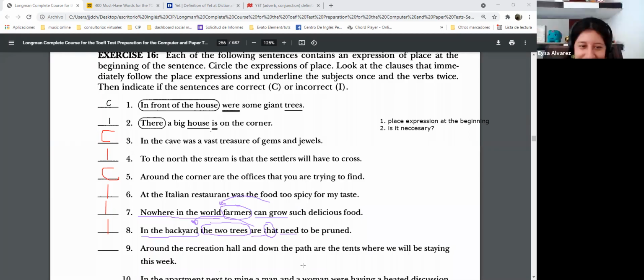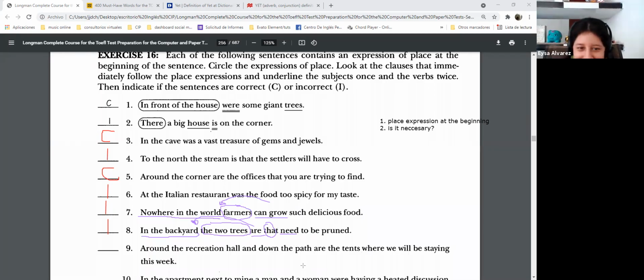Okay, number nine, we have around the recreation howling down the path. Okay, is all of this? And here we are talking about the path. We have a connector, subject, action.